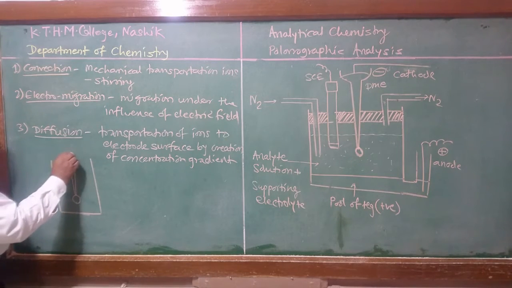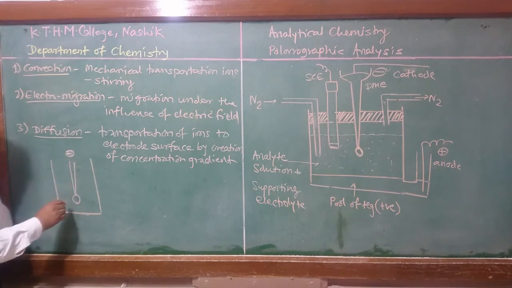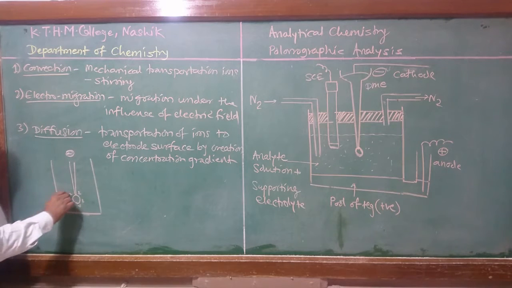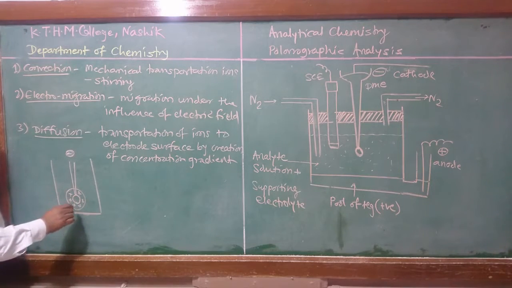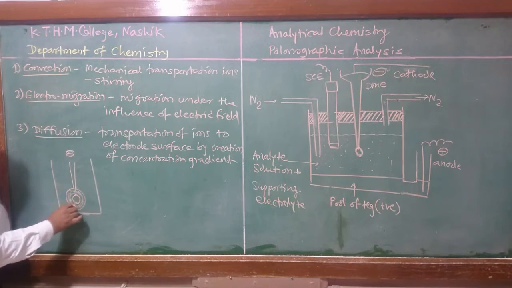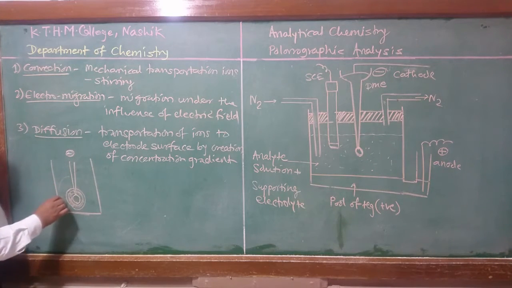If it is negatively charged, then initially when this electrode gets polarized, these positively charged ions migrate to the electrode surface and get deposited onto it. Therefore, in this region, the number of analyte ions is less than the ions present in the bulk of the solution.